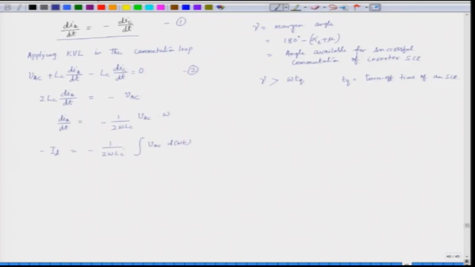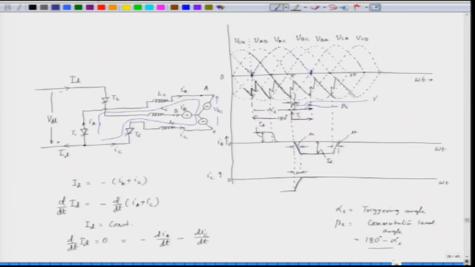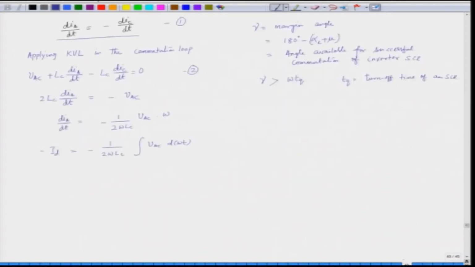The limit here will be from alpha L to alpha L plus mu, where VAC is positive, a sine wave. This is our integration limit.